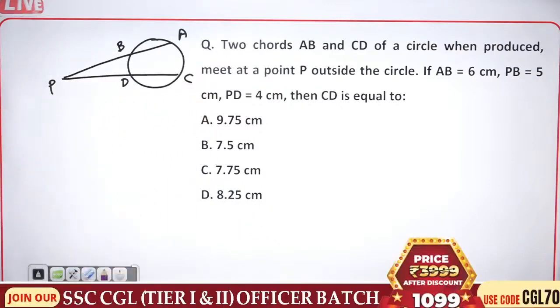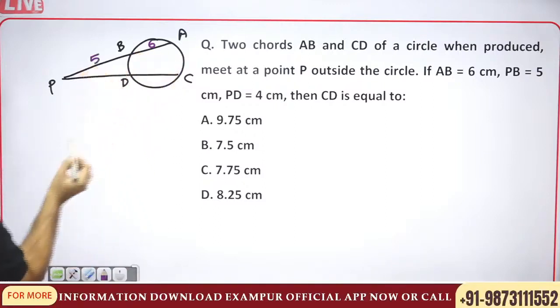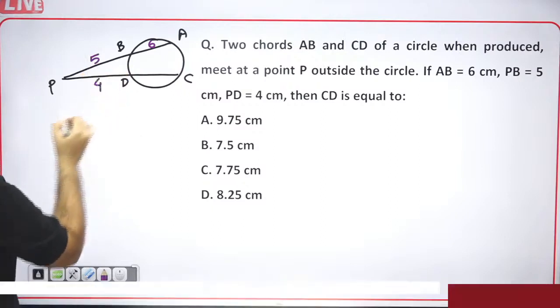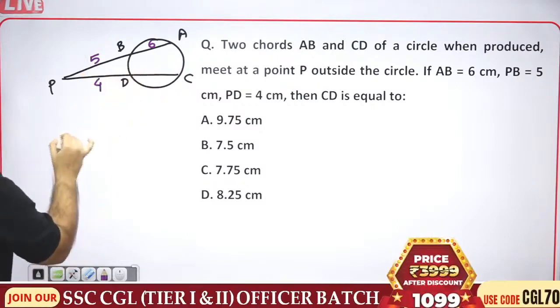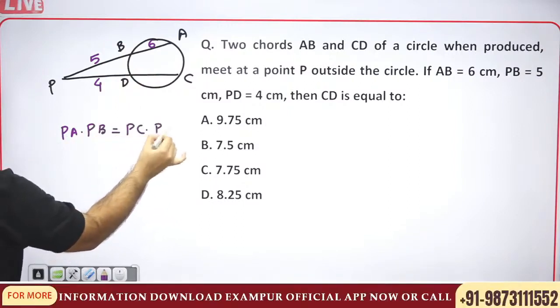AB is 6. PB is 5. PD is 4. You know that PA into PB is equal to PC into PD, the second formula.